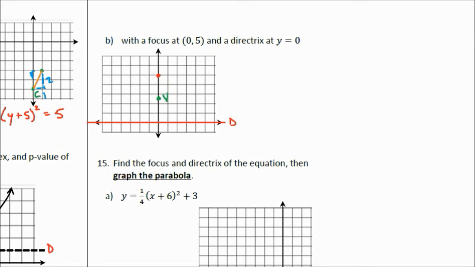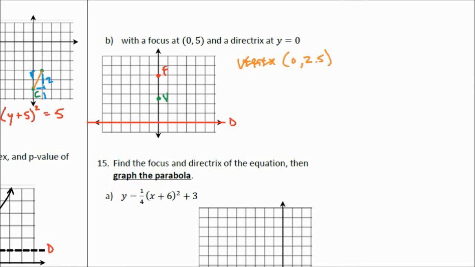I forgot to label that this is our focus. If that's our vertex, let's write our vertex then. So our vertex is at 0, 2.5. Alright, so what's our p-value?